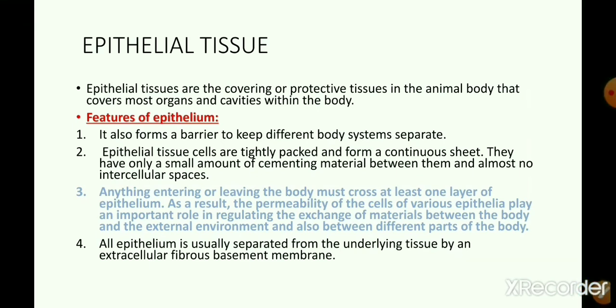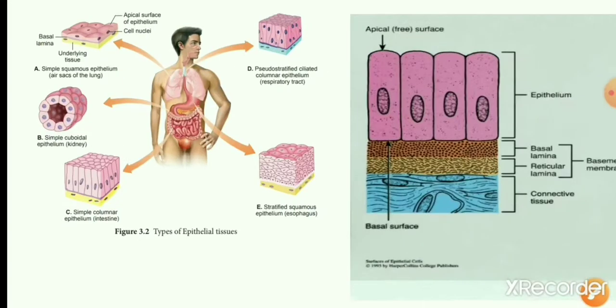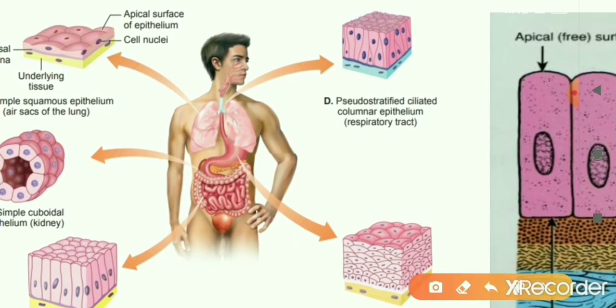So let us first start with the epithelial tissue, which is the basic or fundamental animal tissue that forms a protective covering of the body. So all the body organs and the cavities, meaning what? Your entire body surface, that is your skin. Then internally you have many organs present.